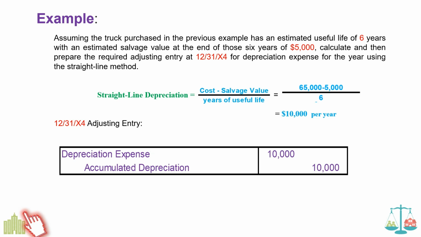We're going to calculate and then prepare the required adjusting entry at December 31st, X4, at the end of the first year, to reflect the allocation of some of that cost of the truck to depreciation expense for the year.